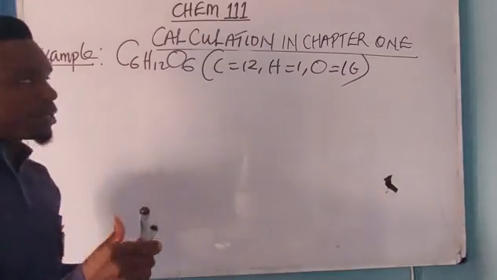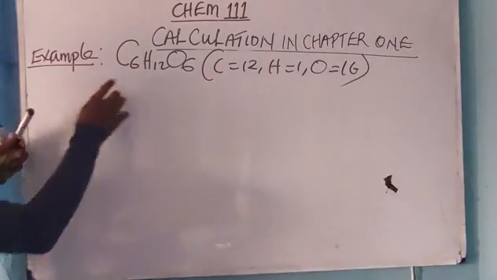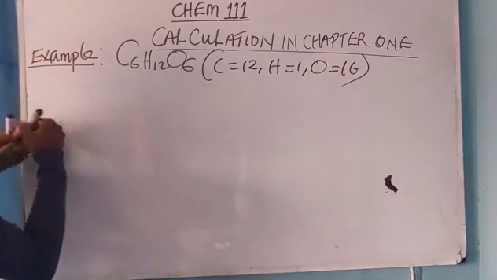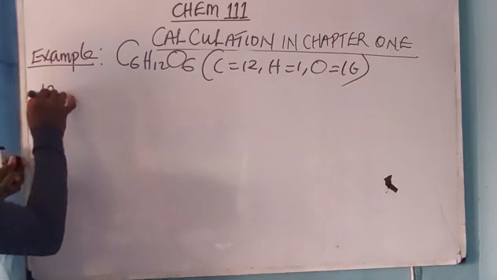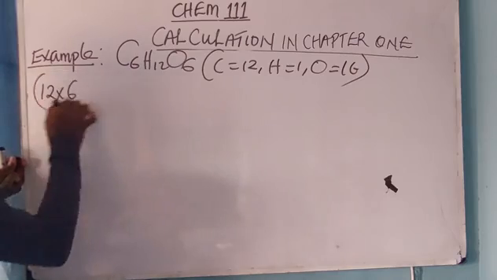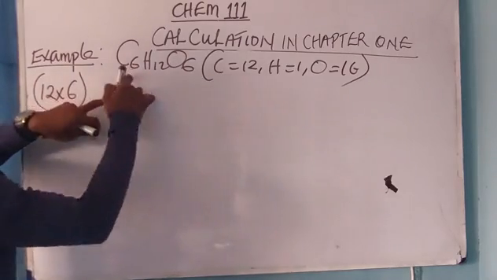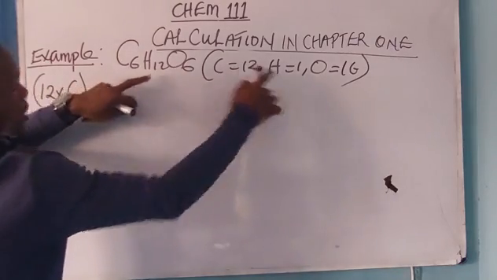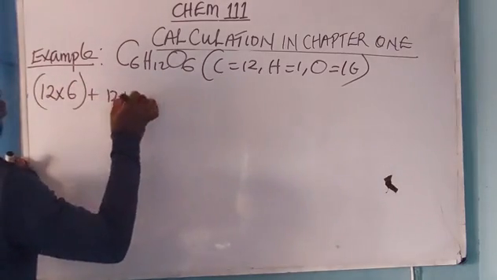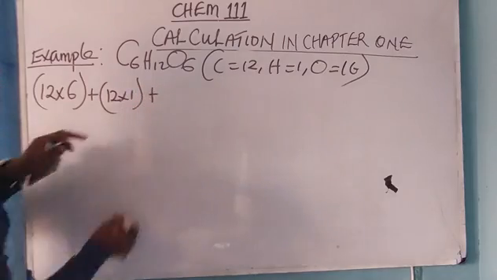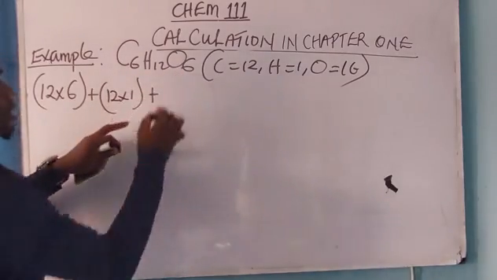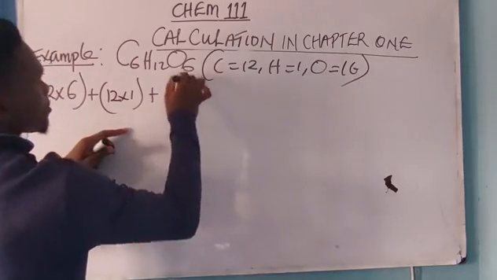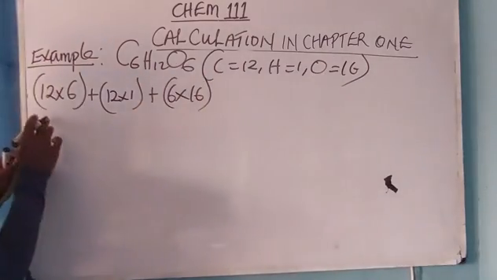If carbon is 12, it's going to be 12 times 6, plus hydrogen, 12 times 1, plus oxygen, 6 times 16. All right.